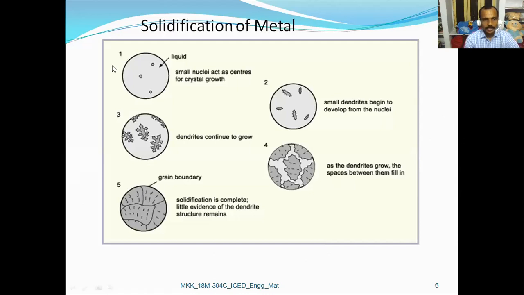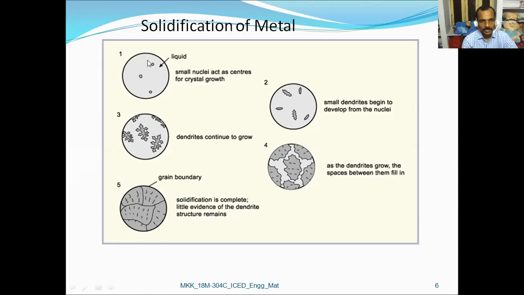Whenever it is in the liquid condition, small nuclei act as centers for crystal growth. Here the small dendrites begin to develop from the nuclei.